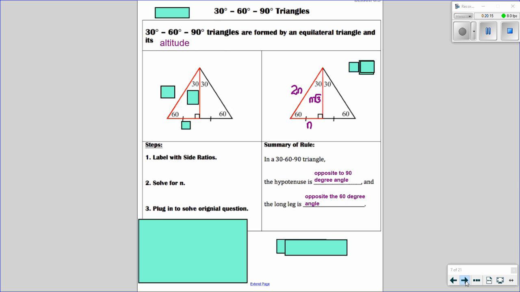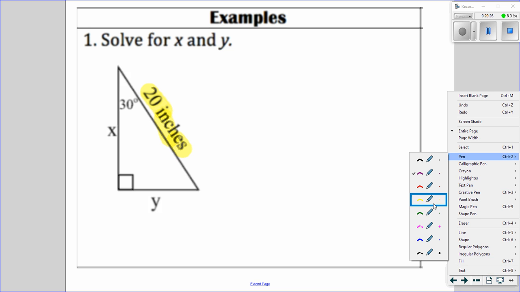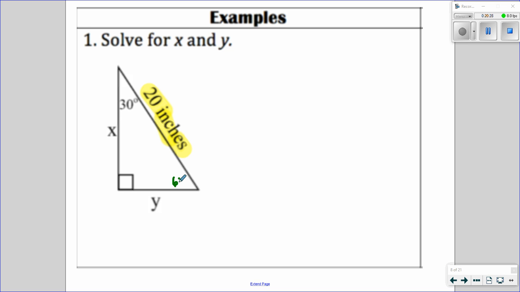Okay, so we're going to do examples with the 30, 60, 90. For this one, it says solve for x and y. You see 30, we know this is 90, so we know that the other one has to be 60, because all of these angles have to add up to 180. And if you weren't sure, you could add the 30 and the 90, and subtract from 180 to give you the 60.